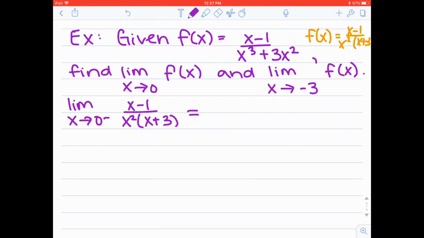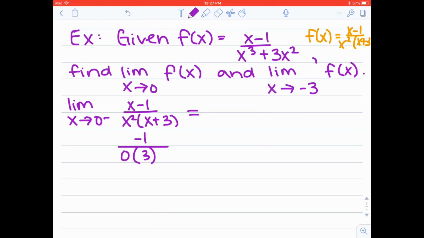So here, if we plug in a number that's basically 0 but a little bit less, so a little bit negative, then 0 minus 1 on the top is going to be negative 1. A 0 that's a little bit negative when you square it is going to be 0, but it's going to be a positive. And then a 0 that's a little bit negative plus 3 is going to essentially be 3.